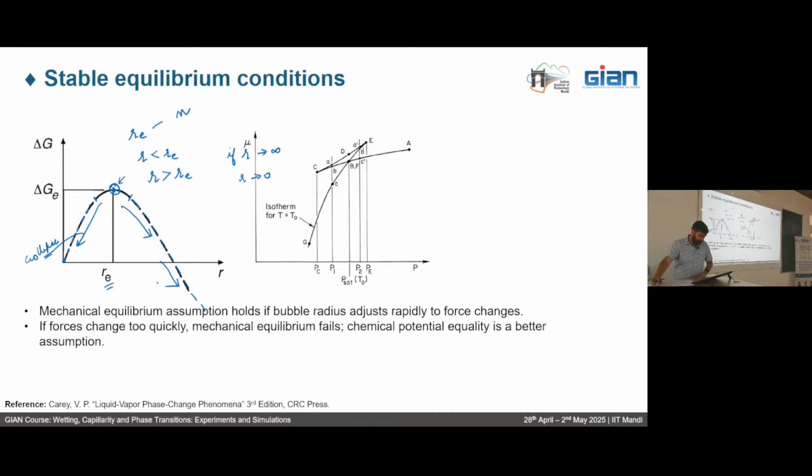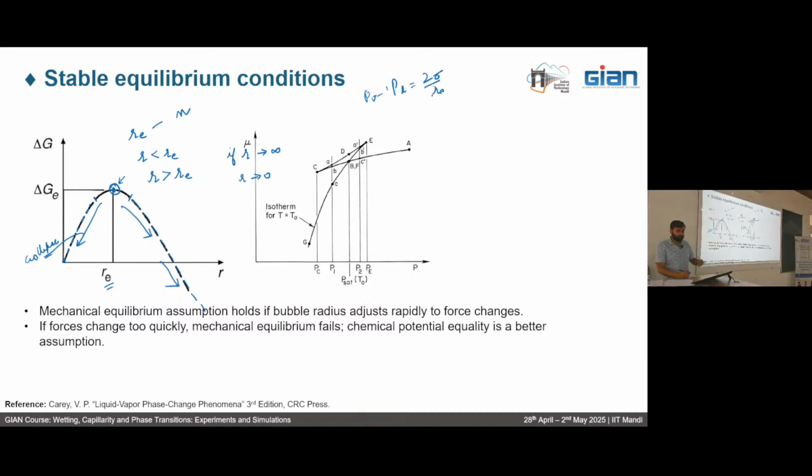So in the last class we assumed mechanical equilibrium, but we are not talking about a single bubble. It might happen that the fluctuation in pressure is so high that the bubble is not able to maintain its shape, right? The force changes are so rapid that your assumption that PV minus PL equals 2 sigma by R doesn't hold.